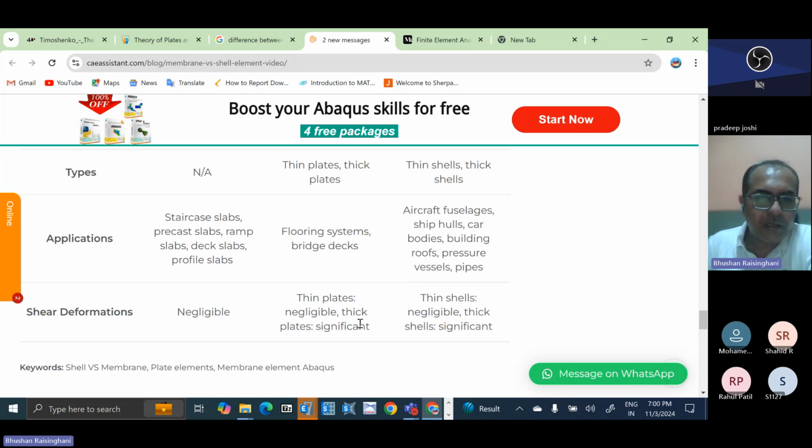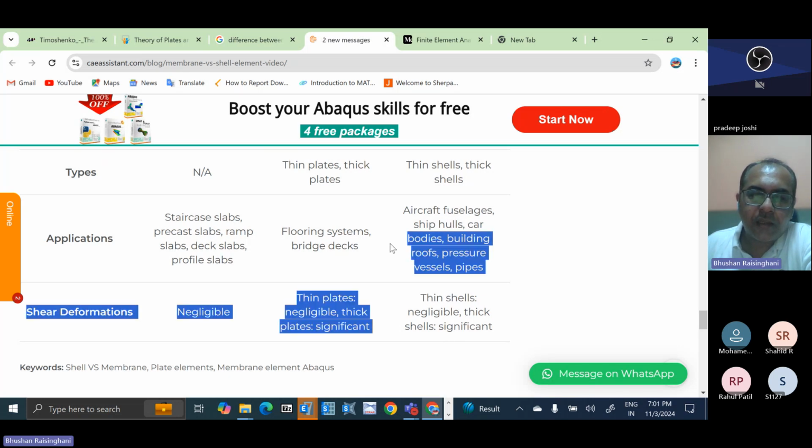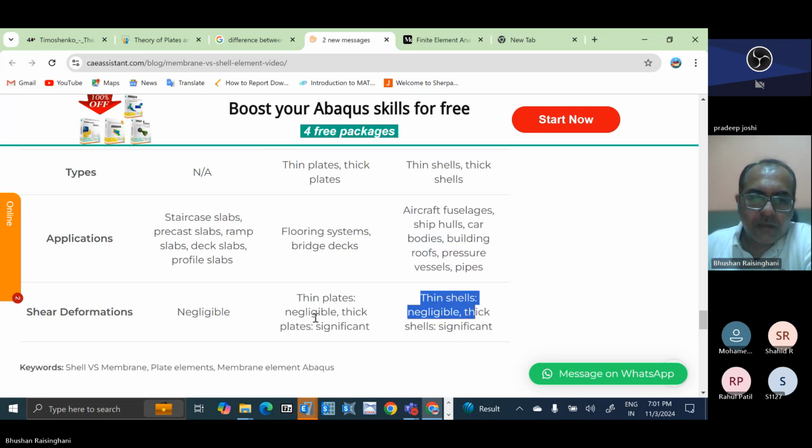So you can see some relation between thin plates and thin shells. That's why when you are doing modeling in STAAD.Pro, we are mostly taking it as a plate, whereas in ETABS we are taking it as a thin shell. When you take a membrane, there is no shear deformation, and that's why it does not participate in out of plane bending.